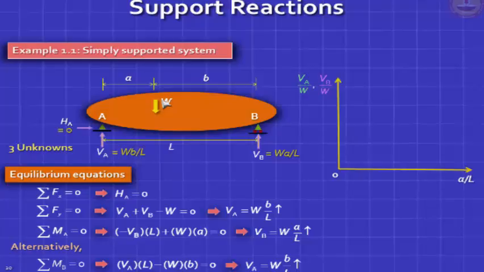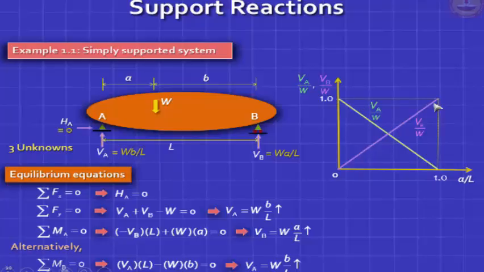Let's try to draw a graph of the support reaction on the y-axis and the distance A by L on the x-axis. We're now putting what we discussed first. When you have the position of the load at A, you will find that the green line VA will be W and VB will be 0.